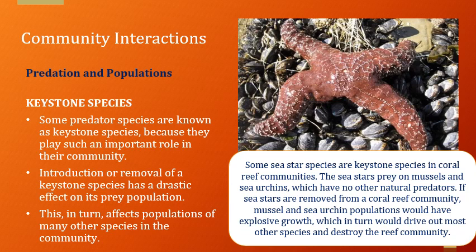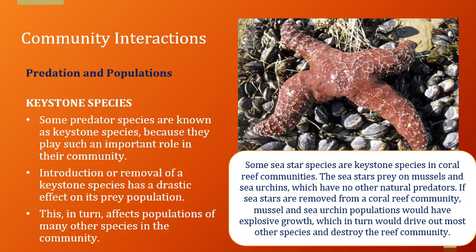So itong mga mussels na to, yung mussels and sea urchin, parang walang masyadong kumakain sa kanila maliban sa tao, di ba? Kinakain ito ng tao. So just to maintain their population, what the keystone species do is parang sila yung mga natural predator ng mga to. Okay?